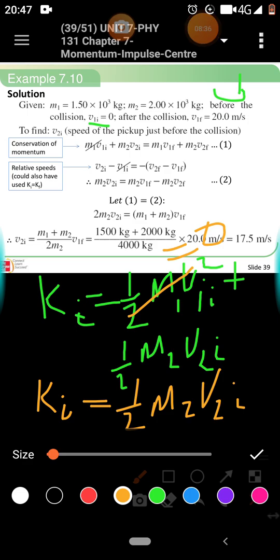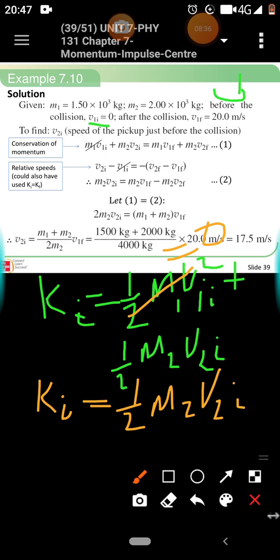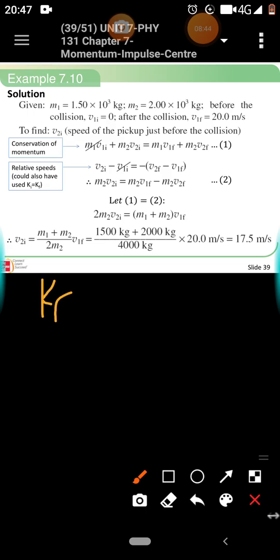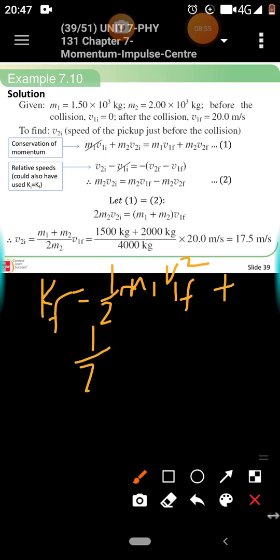Now we need to calculate the final kinetic energy, let's call it kf. This will be half m1 v1 final squared plus half m2 v2 final squared.